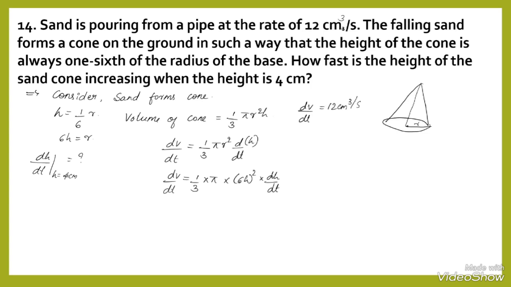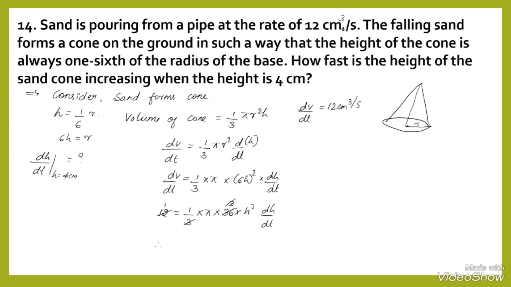I can substitute here: 12 is equal to 1/3 into pi, what is 6 square? That is 36, into h square, dh by dt. 12 ones are 12, 3s are 3 ones are 3.